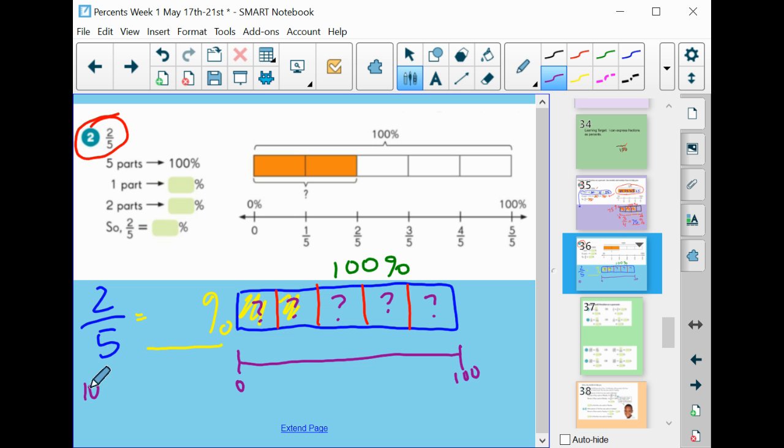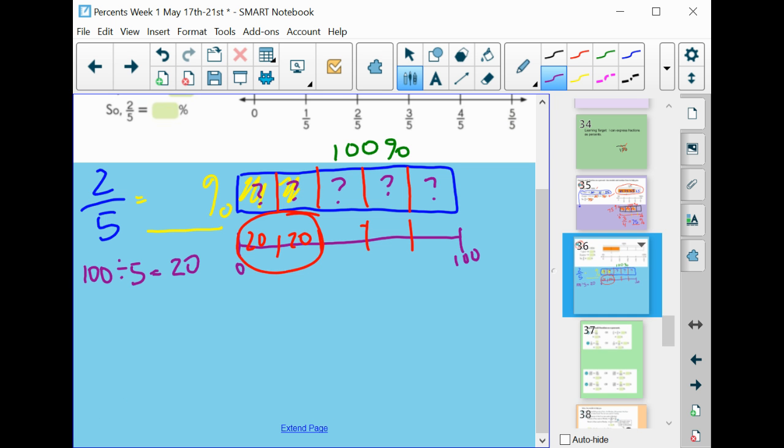So we're going to do 100 divided by 5 equals 20. So each one of these bars is 20. Okay, now I just wrote 2 of them in because we're only concerned with 2 of them. Then I can multiply the value of each piece.